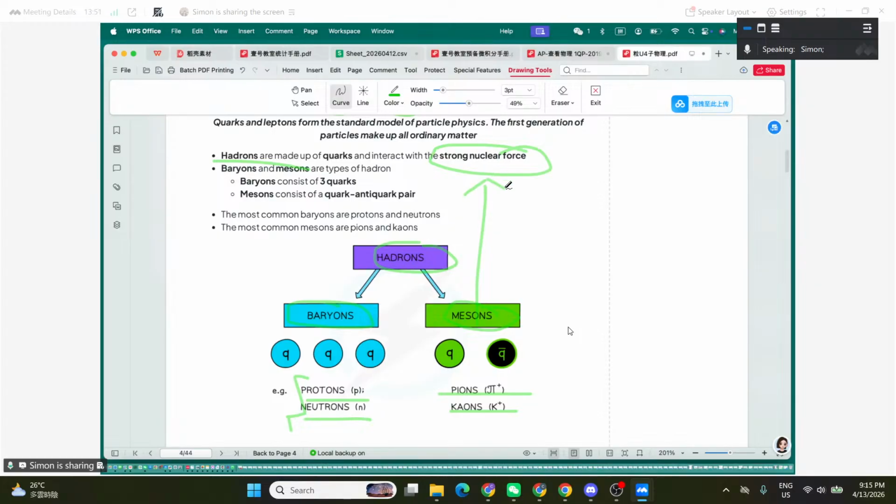Understand? What is the force? Strong nuclear force.